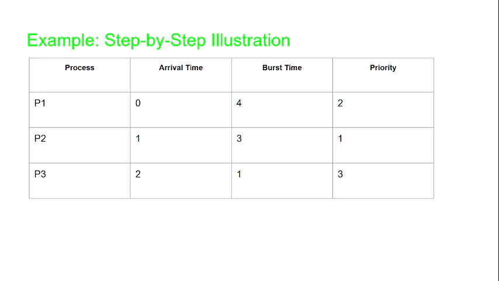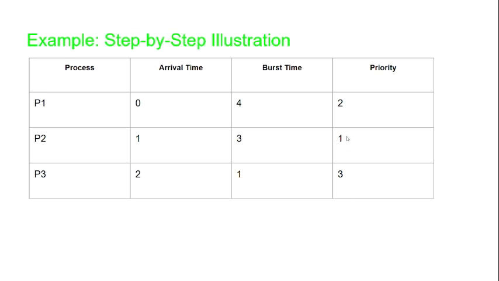After 4 units of time, P1 finishes its task, and P2 and P3 are in the ready queue. Between P2 and P3, P2 has a higher priority than P3, because P2 contains priority number 1 and P3 contains priority number 3.